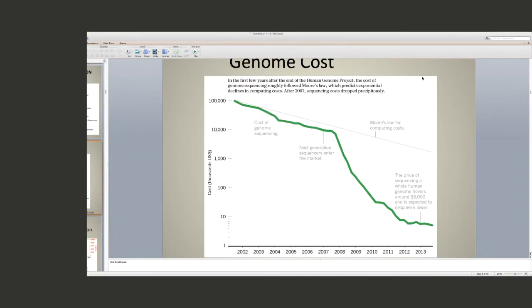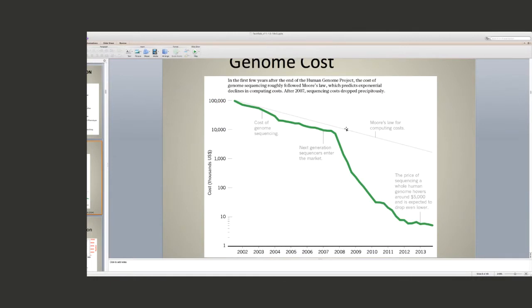Okay. He was a little prophetic, in that this was in 2007 and 2008, and then the bottom fell out of the cost of collecting genomic information. Basically, next generation sequencing hit. This is Moore's law, which we know in relationship to computers, where the size of computer that you can get doubles every 18 months or so for the same cost, right?